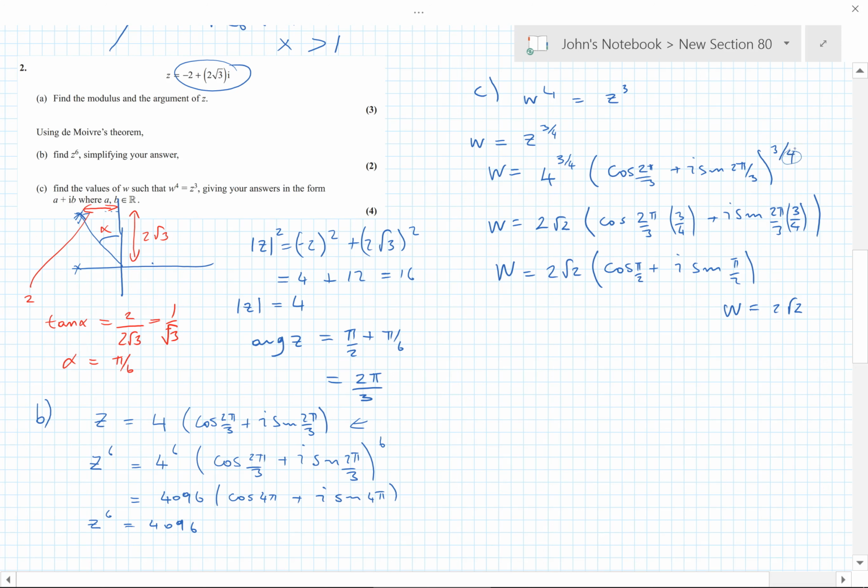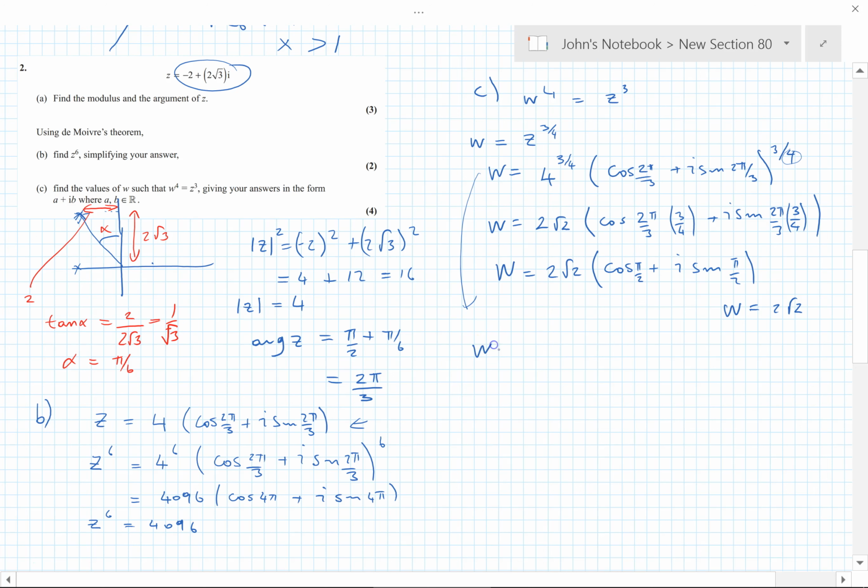So probably if we go back to this line here and take multiples of 2 pi, add on multiples of 2 pi from here and then divide by 3.